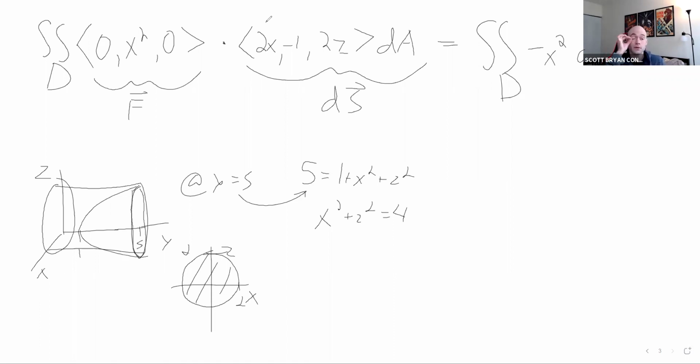Okay. So now we want to switch to polar here. Forget about everything that came before. We're just interested in this double integral here. The region of integration, D, is best described using polar. So we're now going to switch that double integral to polar. So in polar, r goes from what to what?